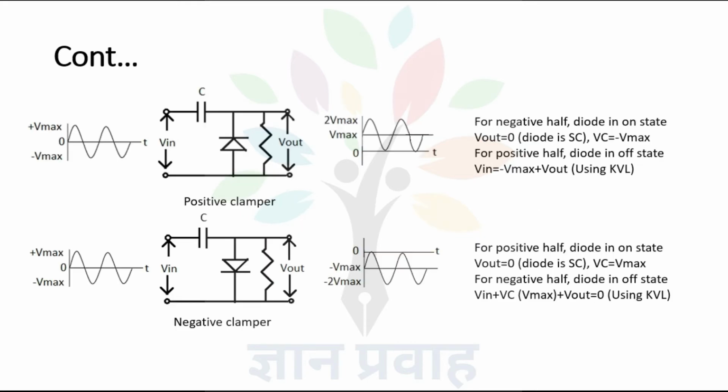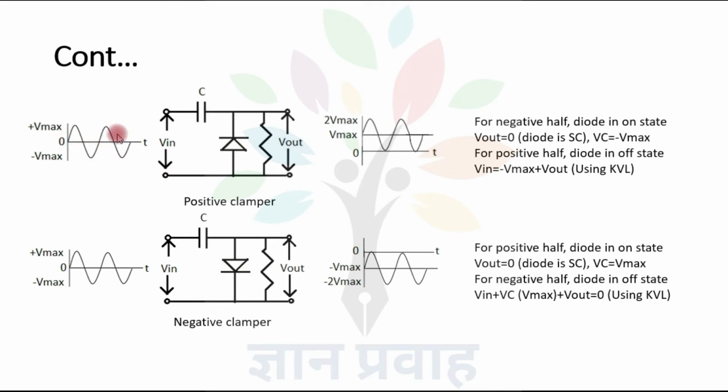Examples are given here for a positive clamper circuit and a negative clamper circuit: one capacitor, one diode and a resistance, that is the load resistance. For the negative clamper, the direction of the PN junction diode is just reverse as compared to the positive clamper circuit.